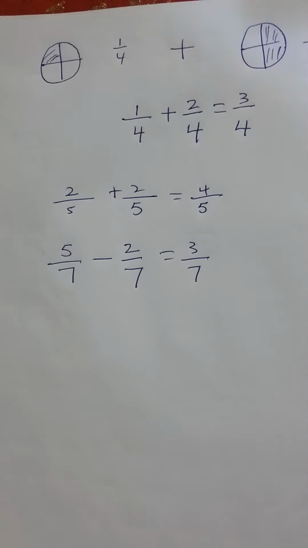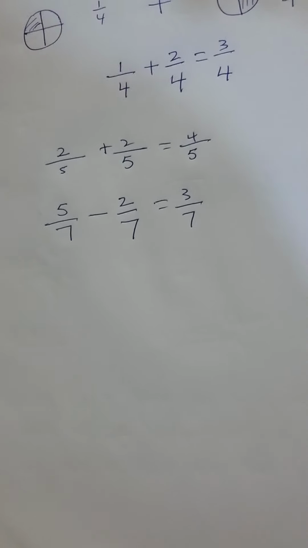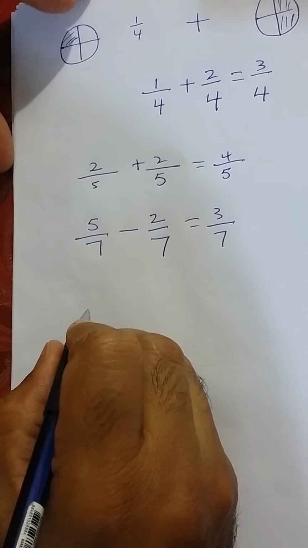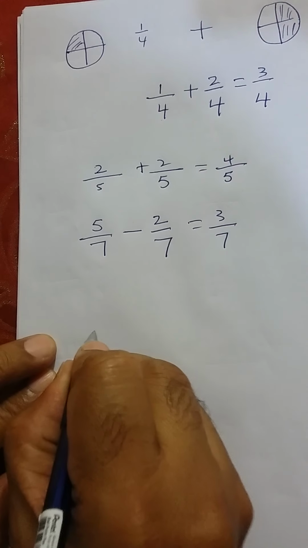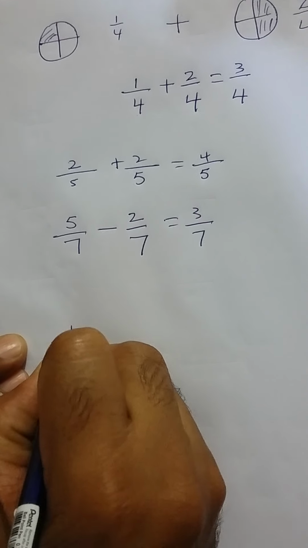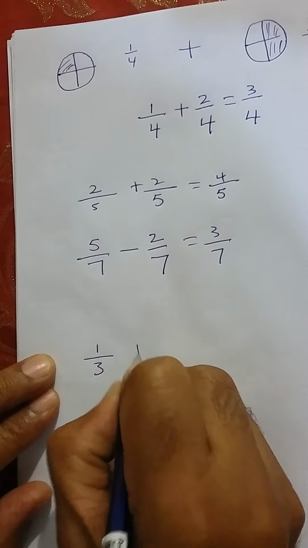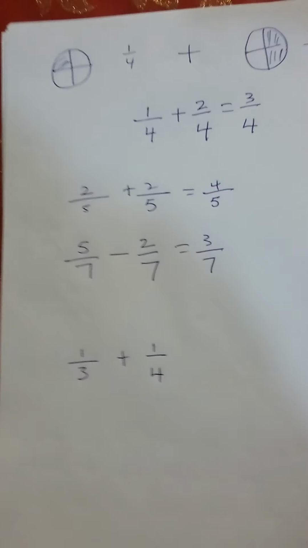Now, what happens when your denominators are not the same? So suppose I had to add, let's say, 1/3 add 1/4. Now observe that my denominators are not the same.